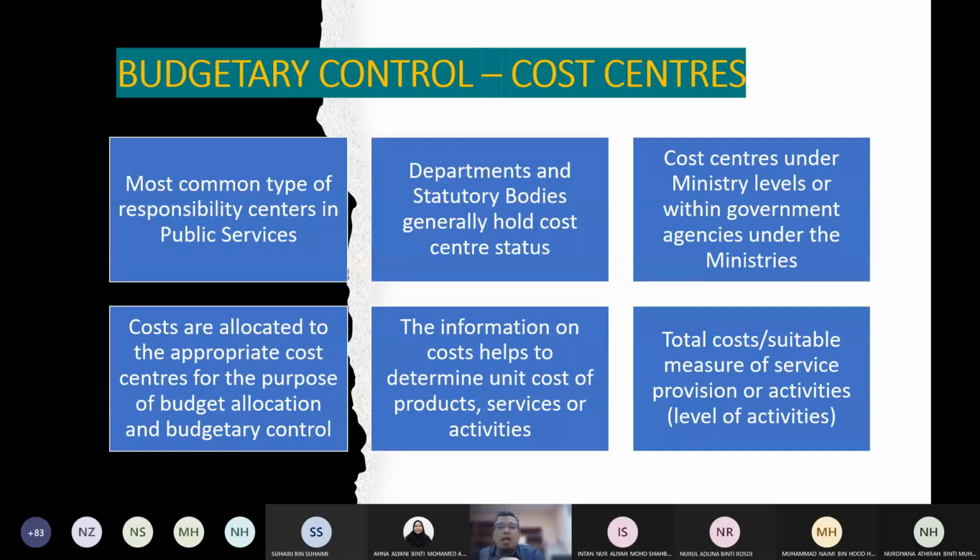The information on cost helps to determine unit cost of products, services or activities. Even though they are cost centers, it doesn't mean they don't need unit cost information or a costing system, because government generally tries to control its costs, as overall government expenditures are huge.